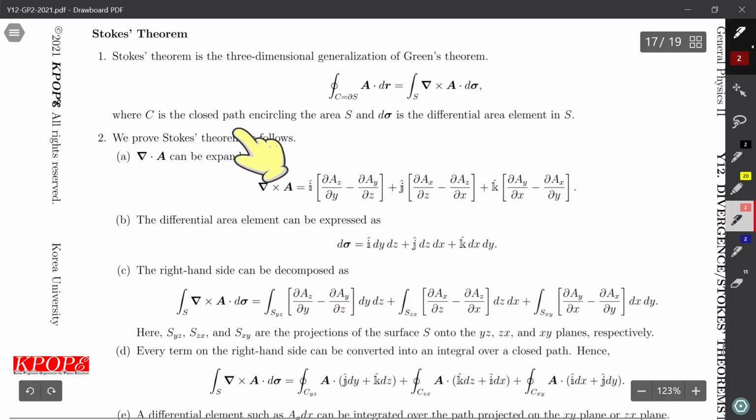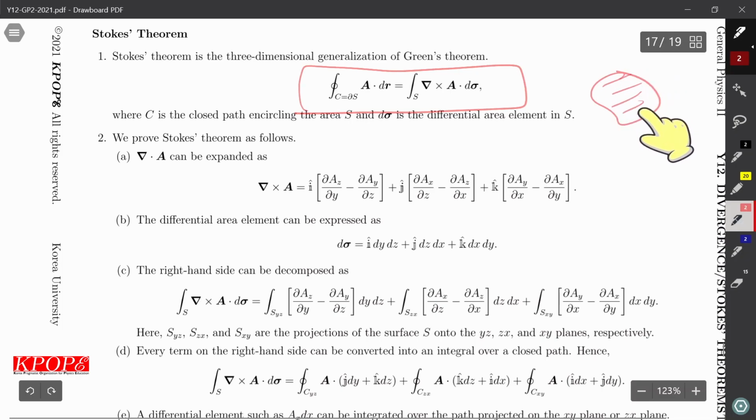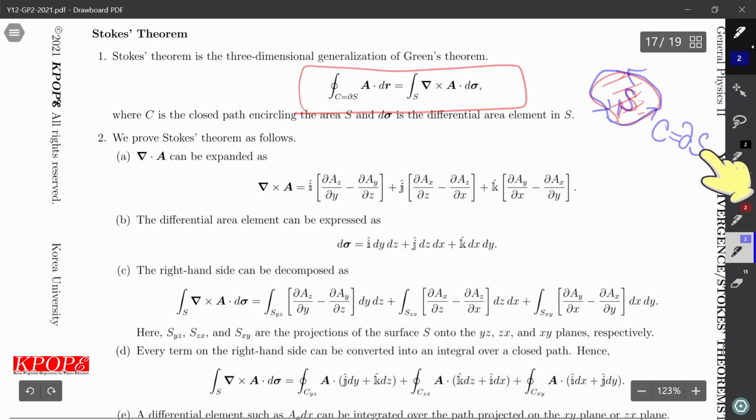And Stokes' theorem is the generalization to three-dimensional space. Actually the basic idea is the same. There's a surface S, and there's a boundary, a closed curve surrounding the surface S. Here, the circle in this integral means the curve is closed.